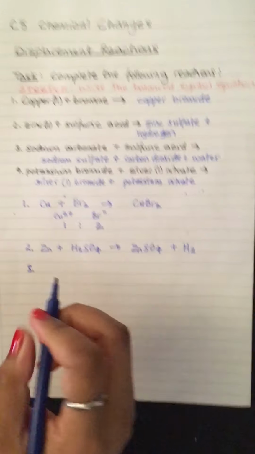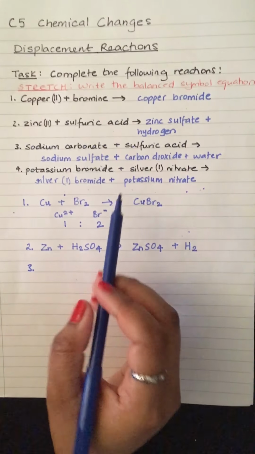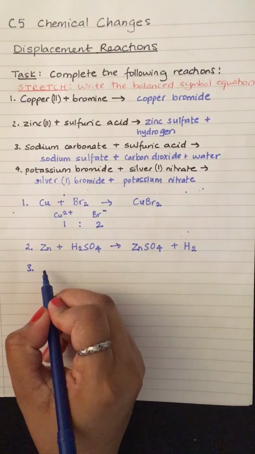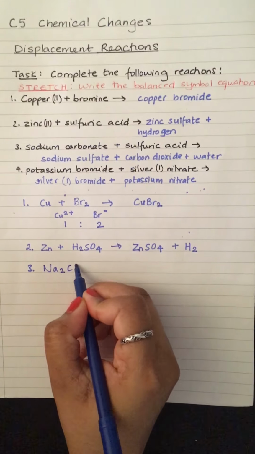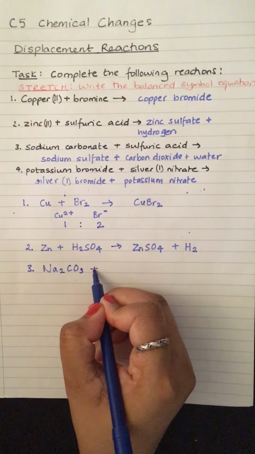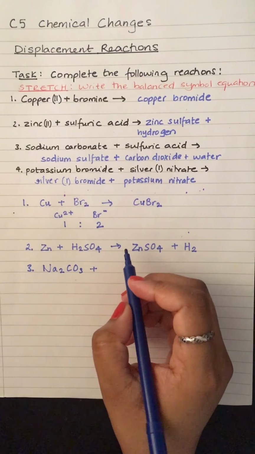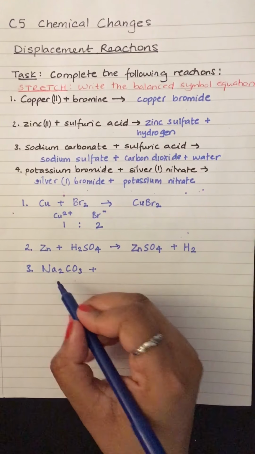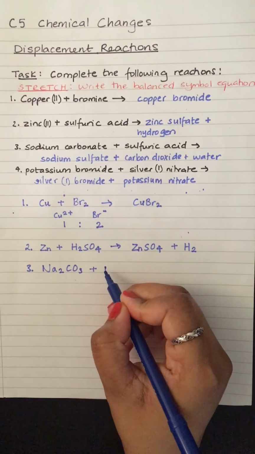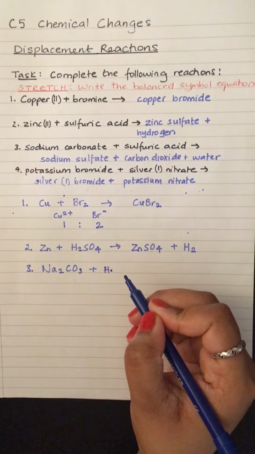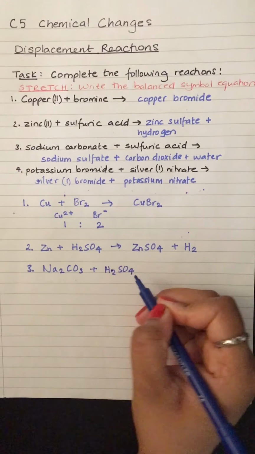Right, the third one, we've got sodium carbonate plus sulfuric acid. So sodium carbonate has a formula of that. So remember, the charge of a carbonate and the charge of our sodium needs to add up to 0. Sulfuric acid, number 3, yep, H2SO4.